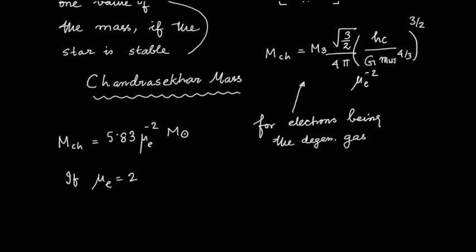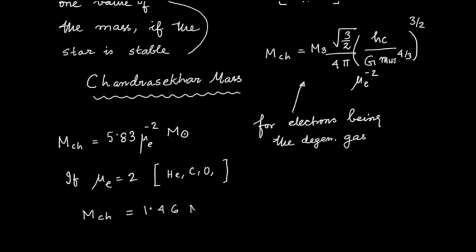If mu e equals 2, which is if the composition is of helium, carbon, oxygen, hydrogen, etc., then M_Ch is divided by 4.